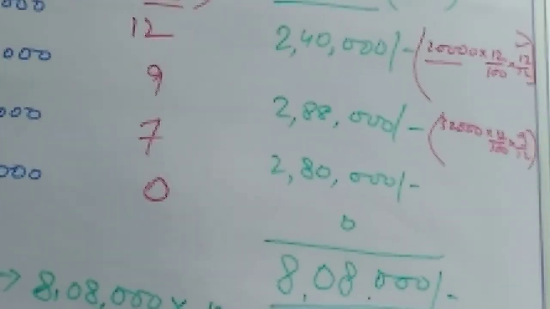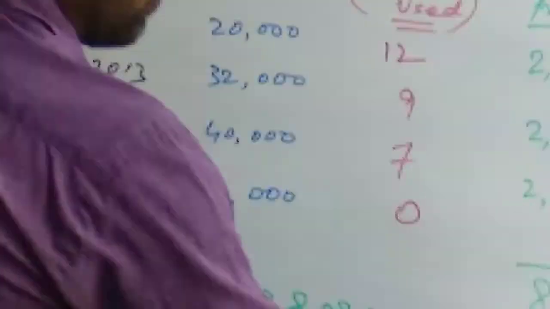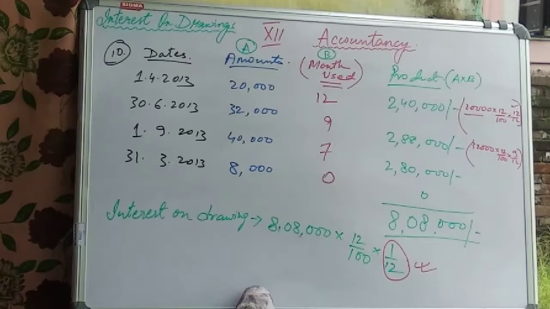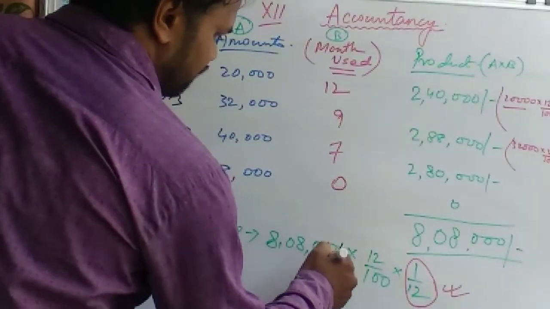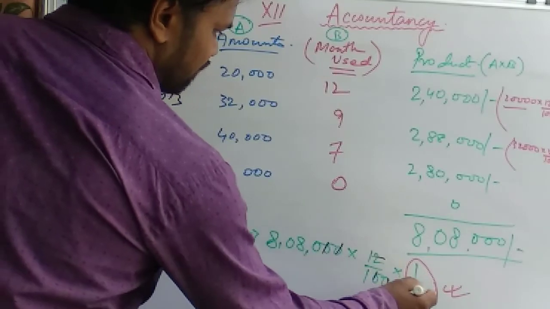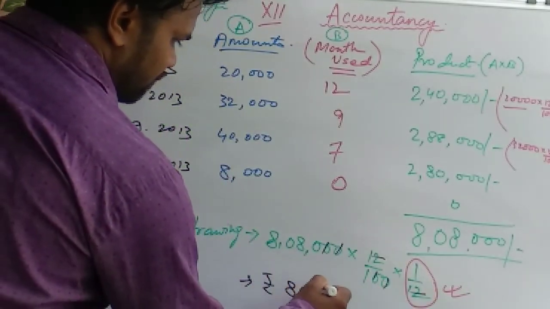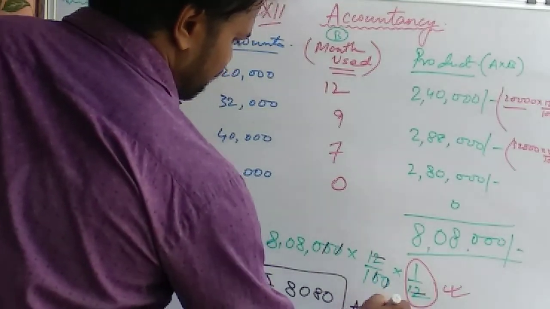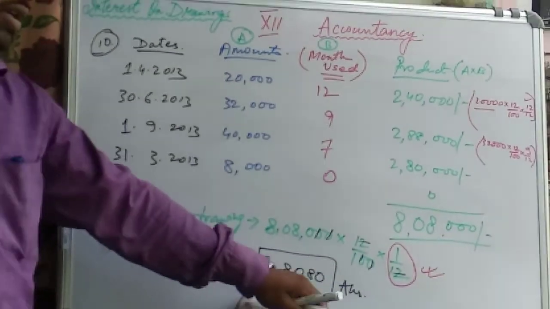So here we have to multiply it by 1 by 12. So what is the answer? The interest on drawings in this sum is 8,080.